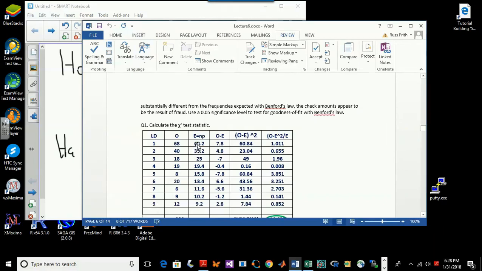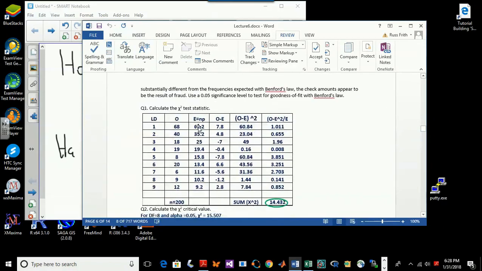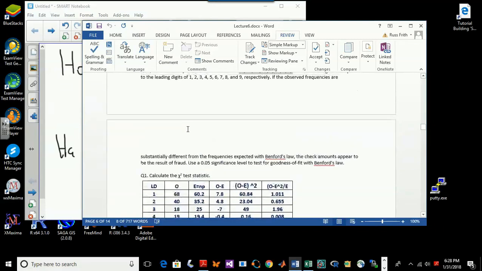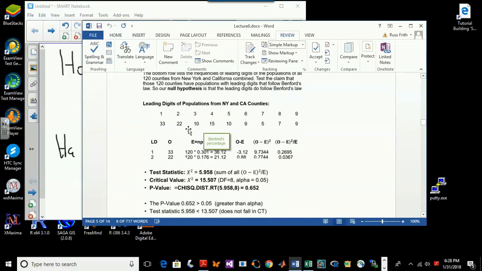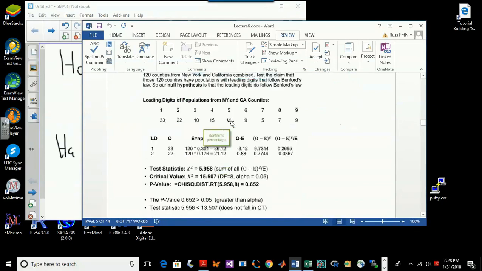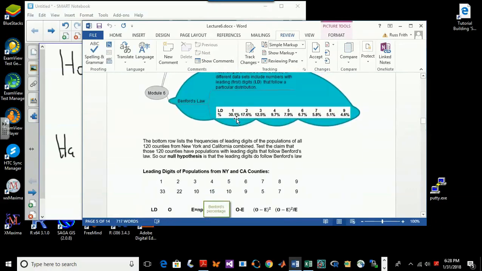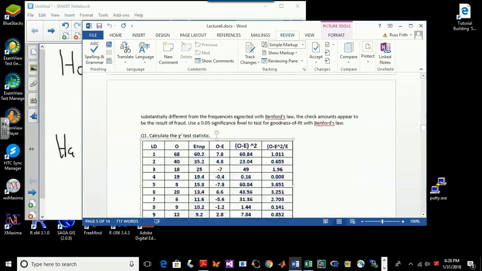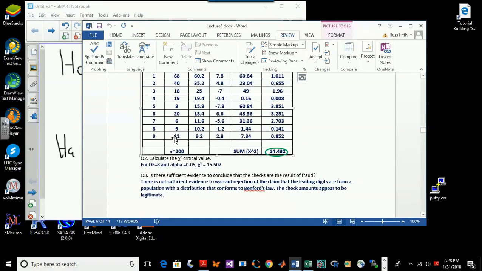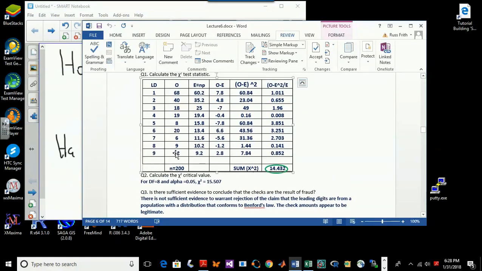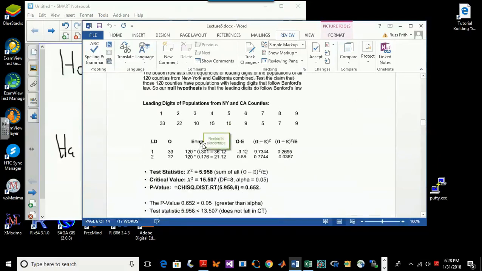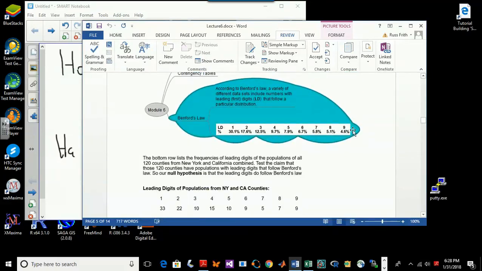Okay, so here are the expected values. Again, the 60.2 is 200 times 30.1%. The 35.2 is 200 times 17.6%, and so forth. The 9.2 is 200 times 4.6%.